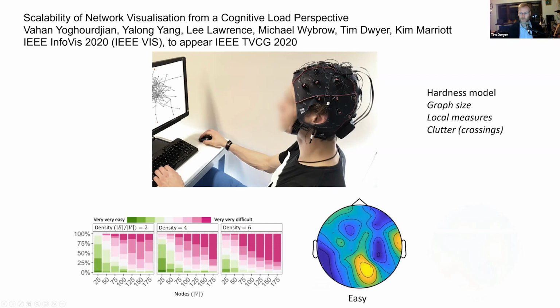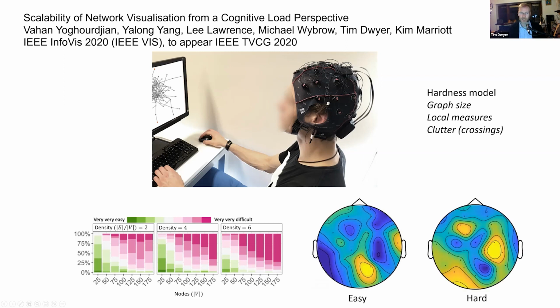And what we found is that when you give people tasks to complete on hard networks, completely different parts of their brain light up, which the cognitive psychologists we worked with told us were related to short-term memory use, whereas the easy, sparse networks were more straightforward spatial navigation.